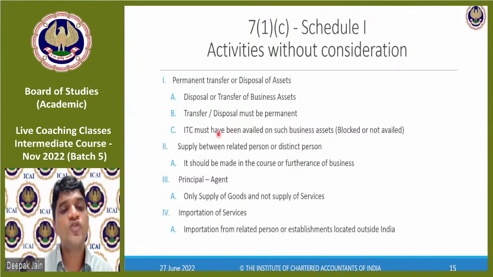And ITC should have been availed on such business assets. Why would the government levy GST on this activity? Because they've seen that you have claimed the credit. The flow is always like how I told you in the case of free samples. When I buy something, I've claimed credit, and then I have to sell it.